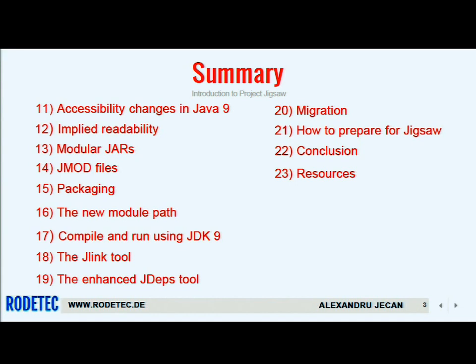Then we will just scratch the surface of how you can migrate an application to Java 9. There are two possibilities, top-down migration and bottom-up migration. And then I will give some advice on how you can prepare for Jigsaw, what you should do so that your code won't break.